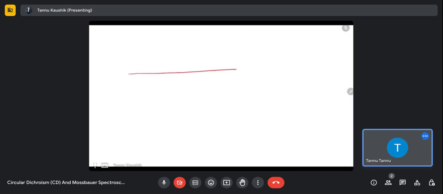So we have this region like 170 nanometer, this far UV region.